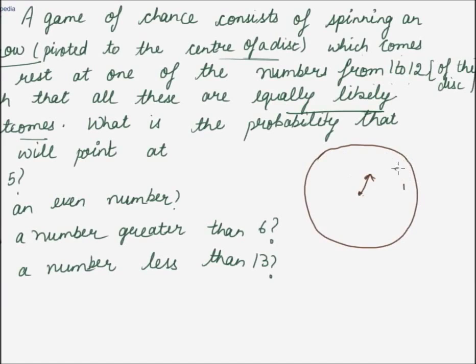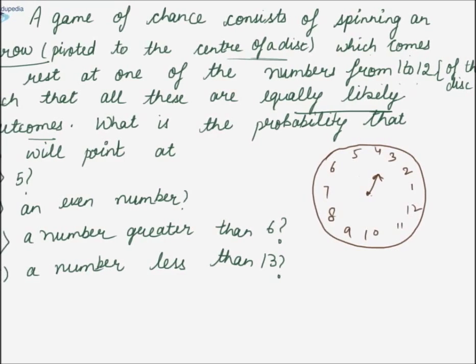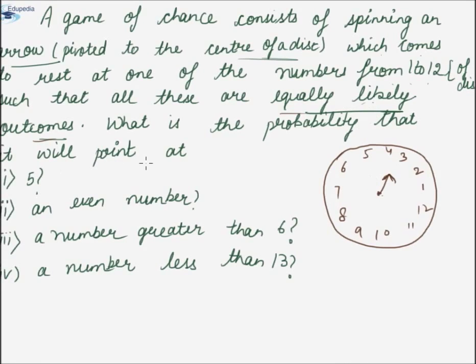So we have numbers from 1 to 12 and all these are equally likely outcomes. So this arrow will spin and will come to rest at the end of each experiment, and we need to find the probability that it will point at 5, an even number, a number greater than 6, a number less than 13.